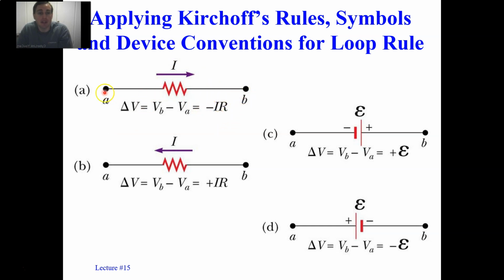That is VB minus VA, in terms of the delta V. If you go across a resistor from A to B against the current, it's plus IR, VB minus VA for delta V. If you go from A to B across a battery in the correct direction, that is a voltage source, from the negative to the positive terminal, it's plus capital epsilon. But if you go across the battery from A to B in the wrong direction, irrelevant of the current direction, then VB minus VA is minus epsilon for delta V.